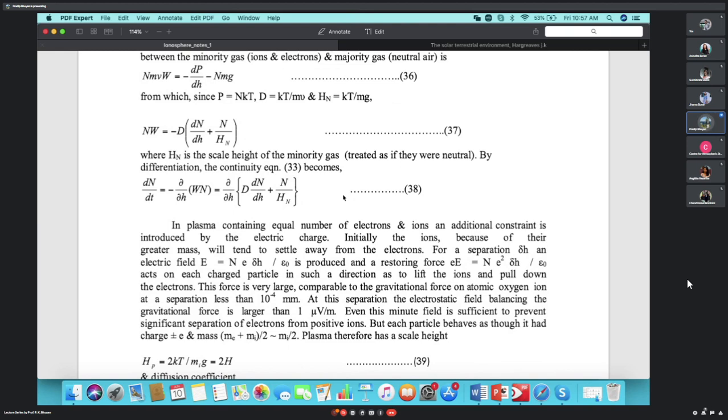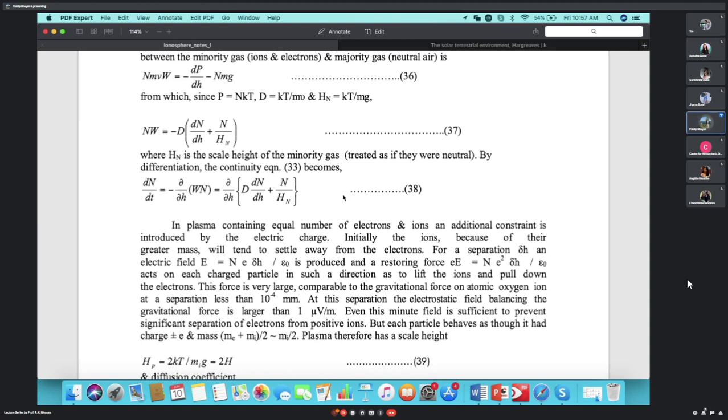So that electric field will be there because these are charged particles. Keep all these things in mind.